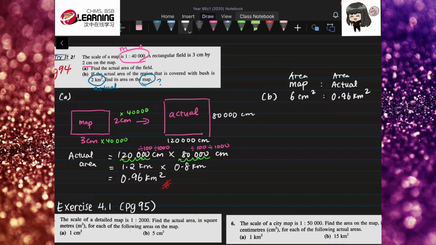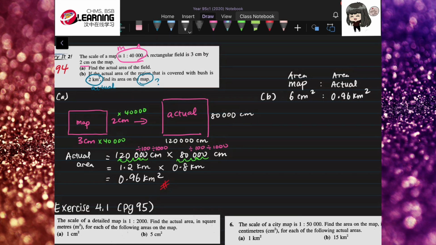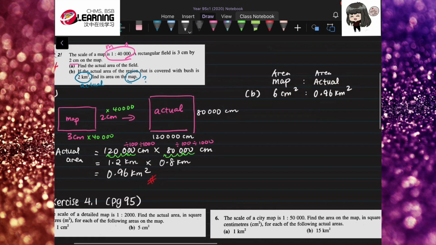I write down the unit. Both units are different. So the ratio is 6 to 0.96 in centimeters square and kilometers square, for area map and area actual. Now they have given you 2 kilometers square under the actual. So we write down 2 kilometers square under actual. You need to find area on the map.